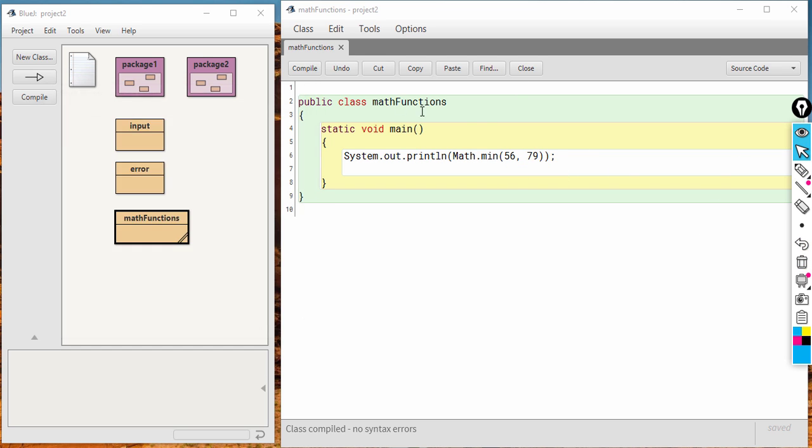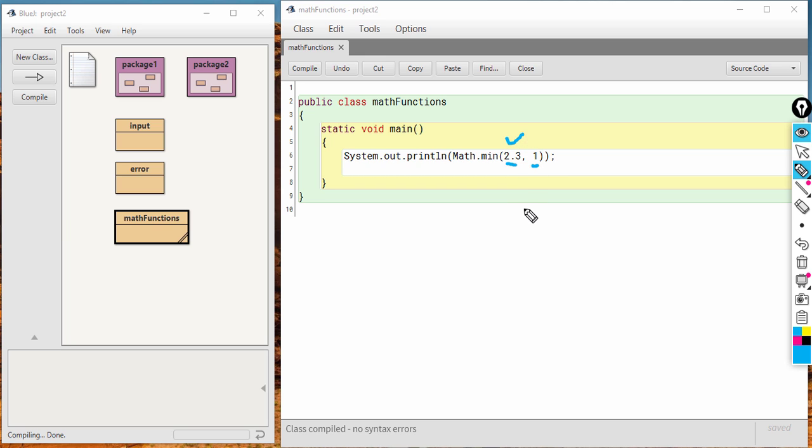Okay. What if one number is a decimal and the other one is an integer? In this case, the return value will be of the same type as that of the larger type between the two arguments. That means between 2.3 and 1, which one is larger?